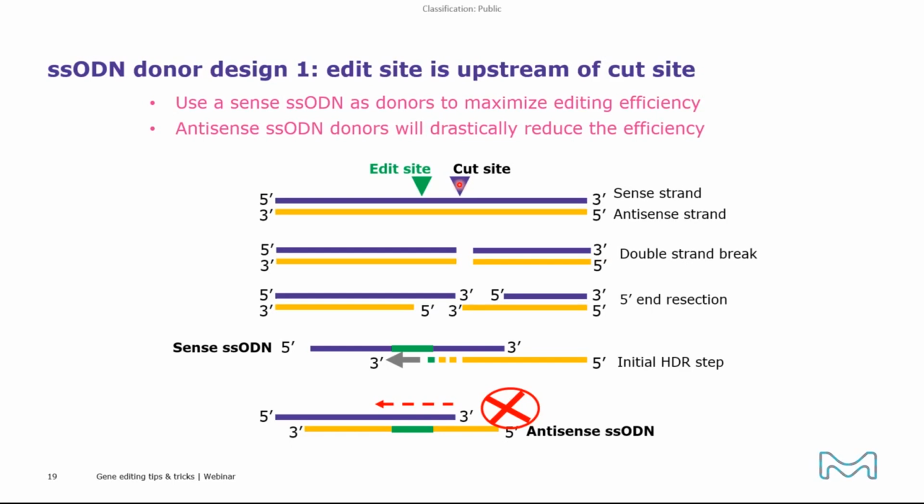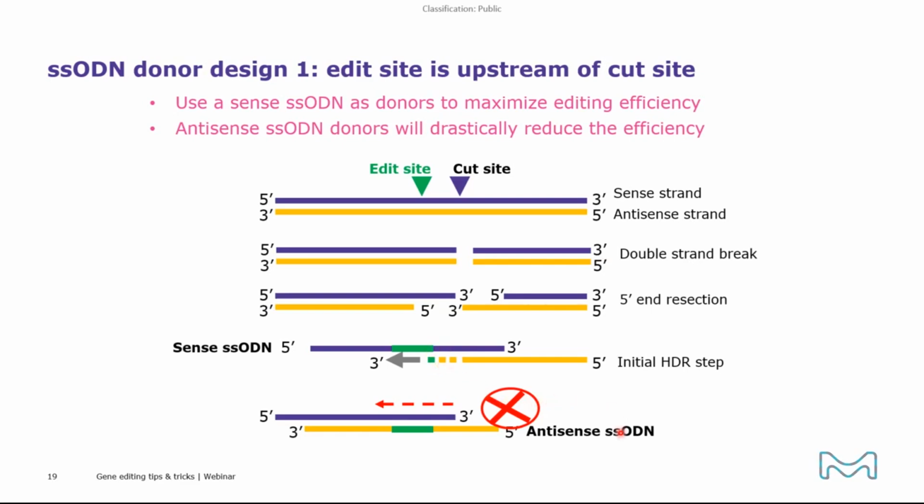And as illustrated here, after DNA double-strand break and 5' end resection, the chromosomal DNA 3' end can use the same-strand oligo donor as template for extension and copy the modification on the template to the chromosomal DNA.